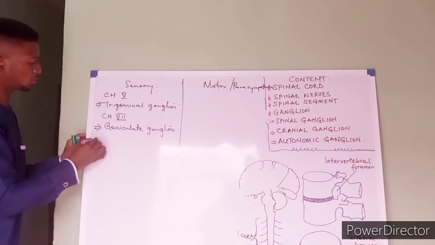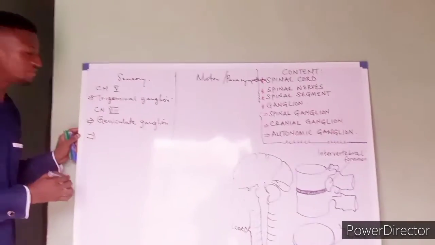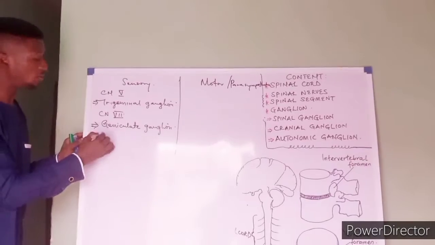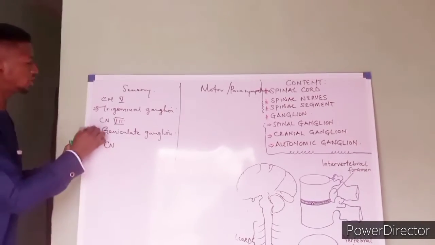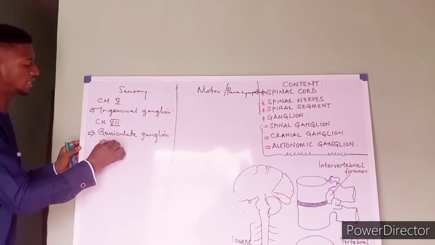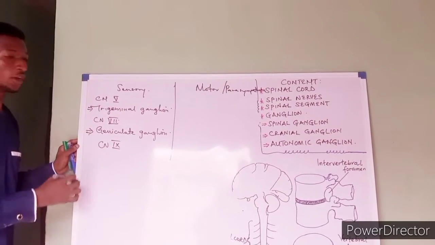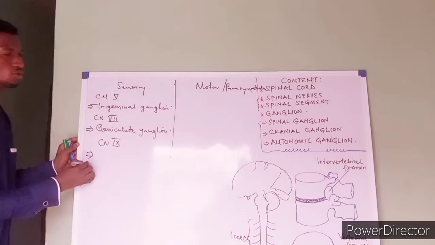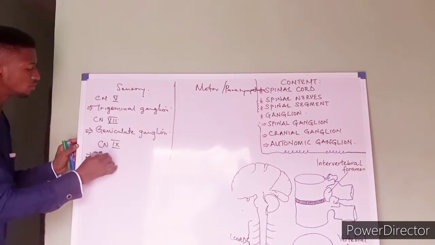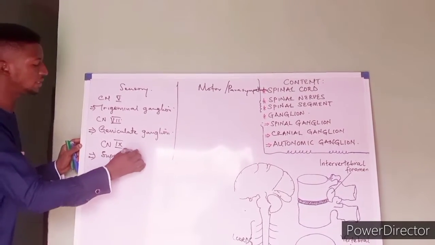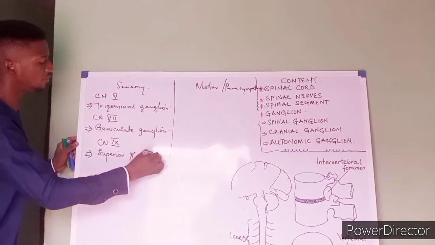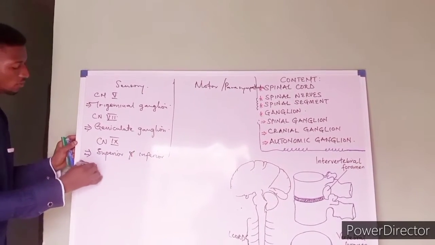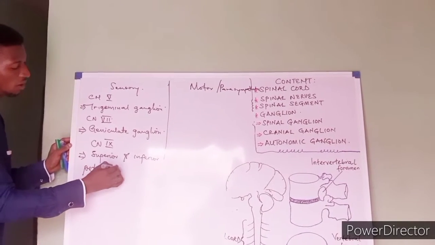And what's the next one? You have cranial nerve 9, the glossopharyngeal. And what does it give rise to? It gives rise to the superior and inferior petrosal ganglion.